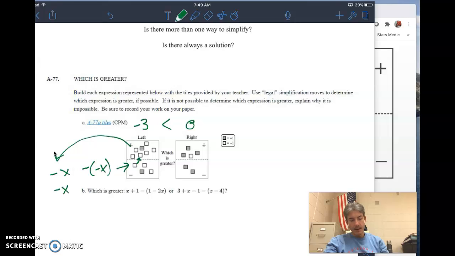You might say, okay, I'm going to rewrite that and bring the bottom one to the top. That's changing that sign. So I've got -x and a +x. Now what do those two make? Those two make a zero pair and cancel. That might be one of the things that you're doing because you're already at that stage. You're recording that work, and that's a good thing. So keep that up, okay?